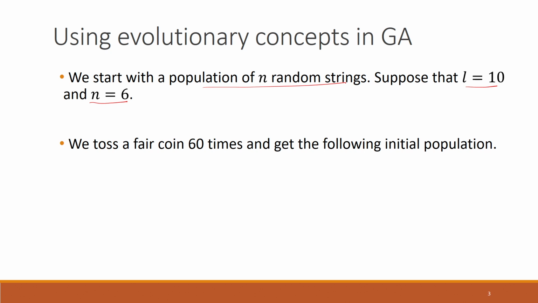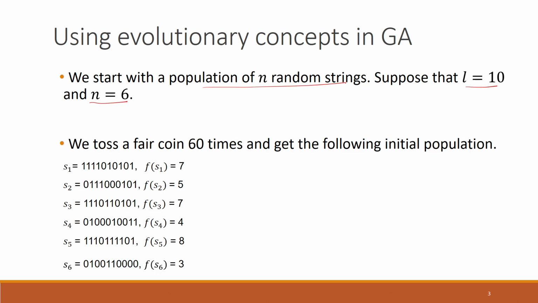Because there are 6 strings here and each string has 10 digits or bits, so 6 times 10 is equal to 60. Suppose after tossing the coin, we get these strings S1 to S6 here. These are the corresponding fitness values of the different strings. For example, the number of ones here is equal to 7, and the number of ones here is equal to 5, and so on.